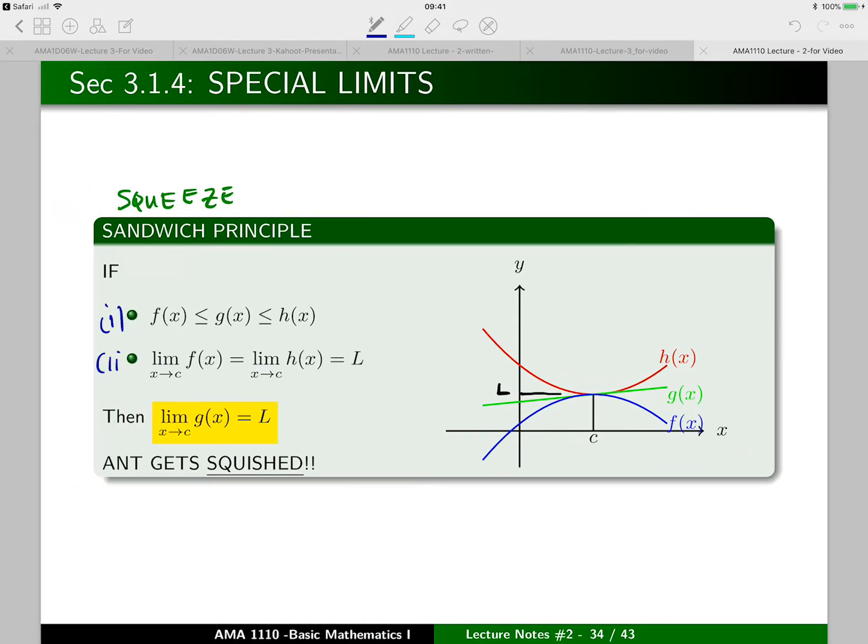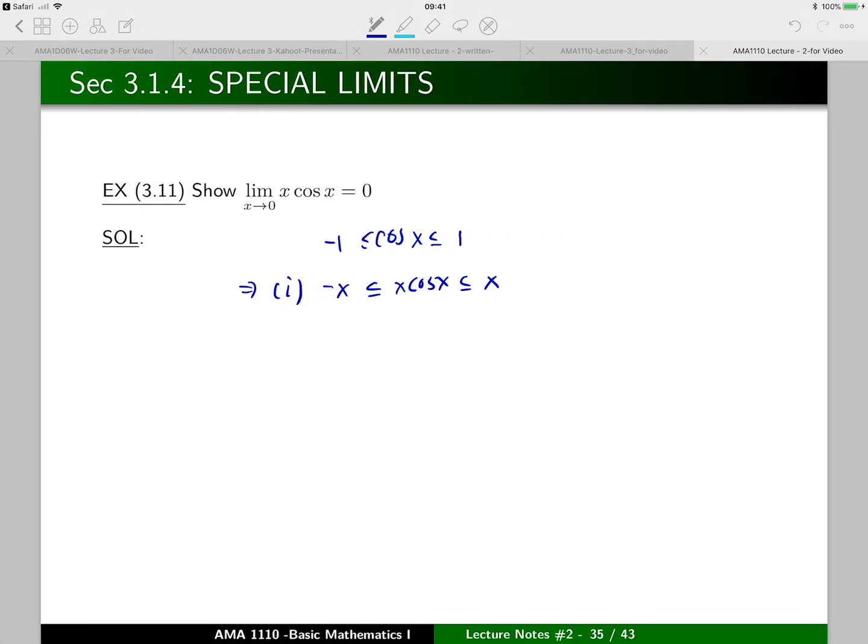Now the second thing we need is that the squishing functions to the bottom and left, as x approaches 0, is equal to 0.